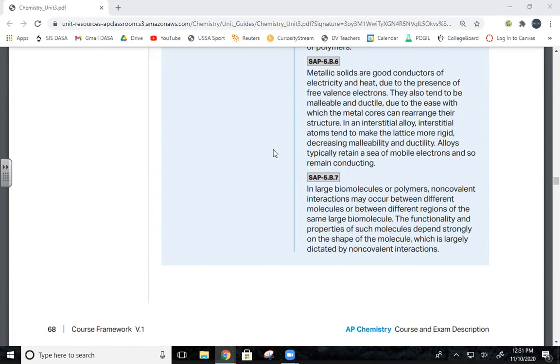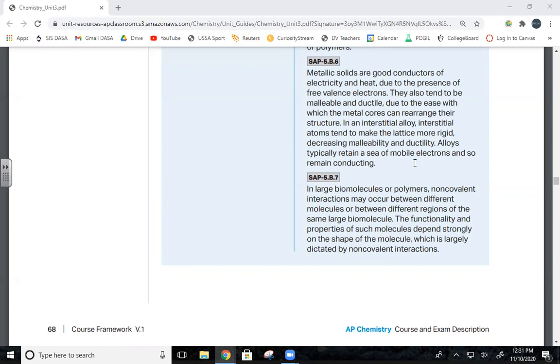Okay, so that's interstitial. In an interstitial alloy, the atoms tend to make the lattice more rigid, decreasing malleability and ductility. Alloys typically retain a sea of mobile electrons and so remain conducting.